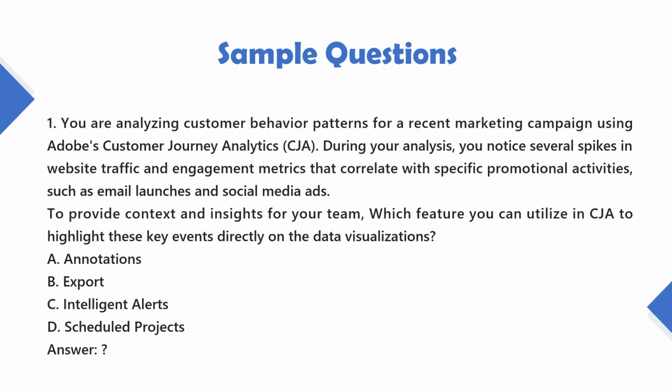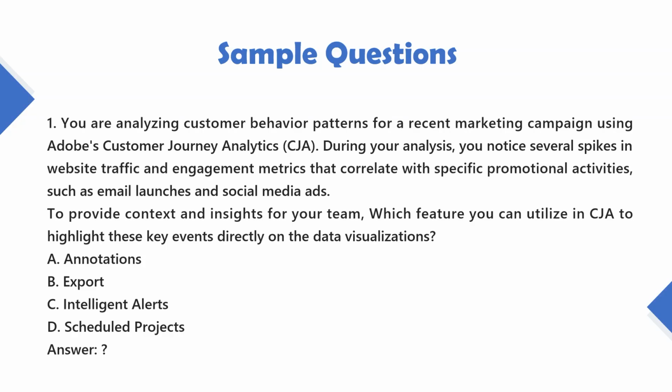One. You are analyzing customer behavior patterns for a recent marketing campaign using Adobe's Customer Journey Analytics, CJA. During your analysis, you notice several spikes in website traffic and engagement metrics that correlate with specific promotional activities, such as email launches and social media ads.